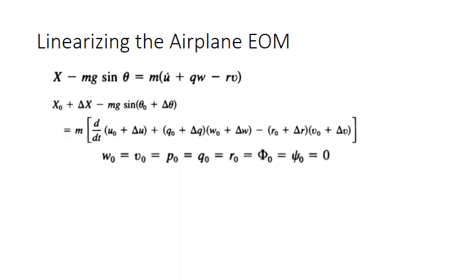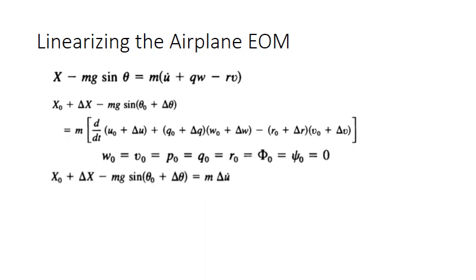So each W naught or V naught or B naught and so on will be replaced by 0 because of the symmetry assumption and the other assumption to align our body frame system of axes to the stability system of axes, in which the x body axis is coinciding with the free stream velocity vector.